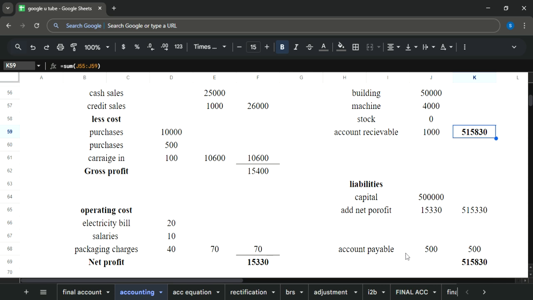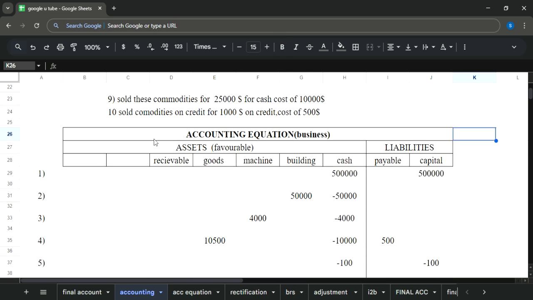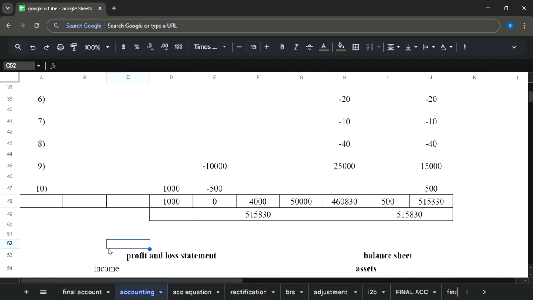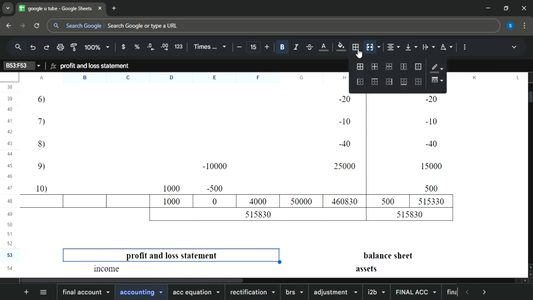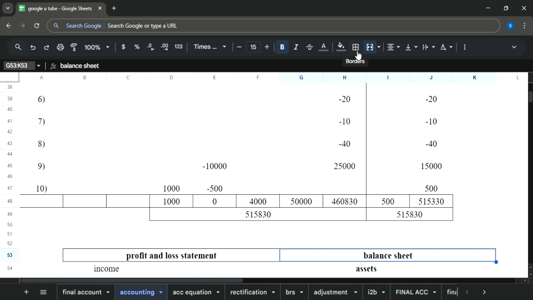Today's lecture was very important because the whole of accounting, right from the start to the end, is focused upon these three elements, where we have seen how to arrange our assets and liabilities in the accounting equation. Look at here. And then we have learned how to calculate profit of the business. This was the activity we have done today. And then we have learned how to present assets and liabilities in the balance sheet.